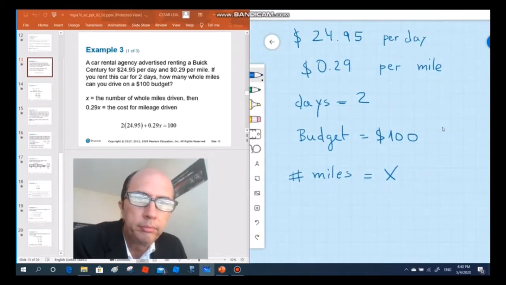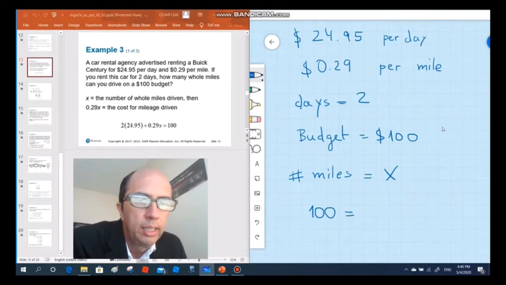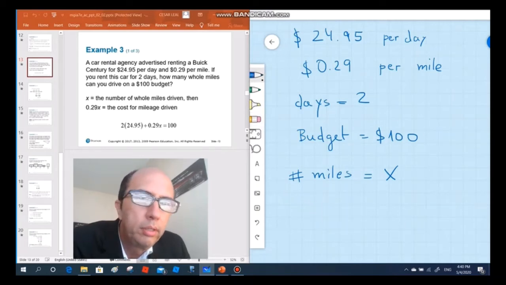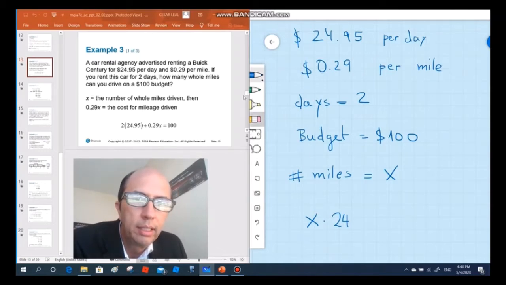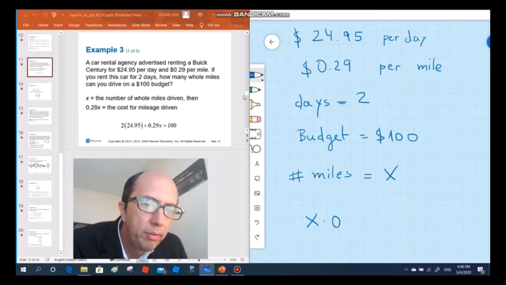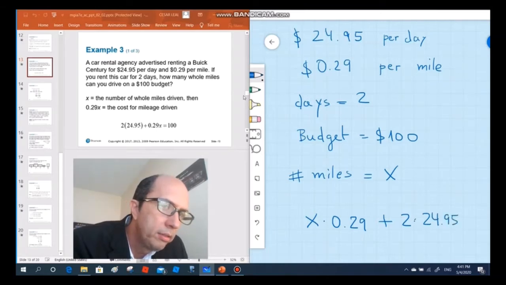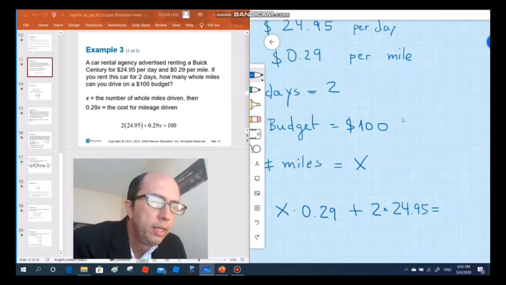How can we represent this as an equation? The total amount you're going to spend is the number of miles times the price per mile, 29 cents, plus the number of days times the price per day, right? 2 times 24.95, and this is equal to the maximum.